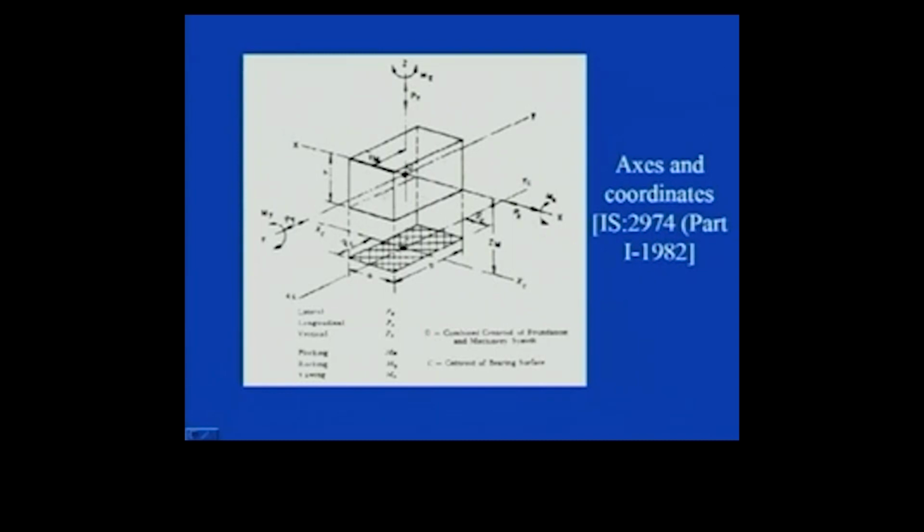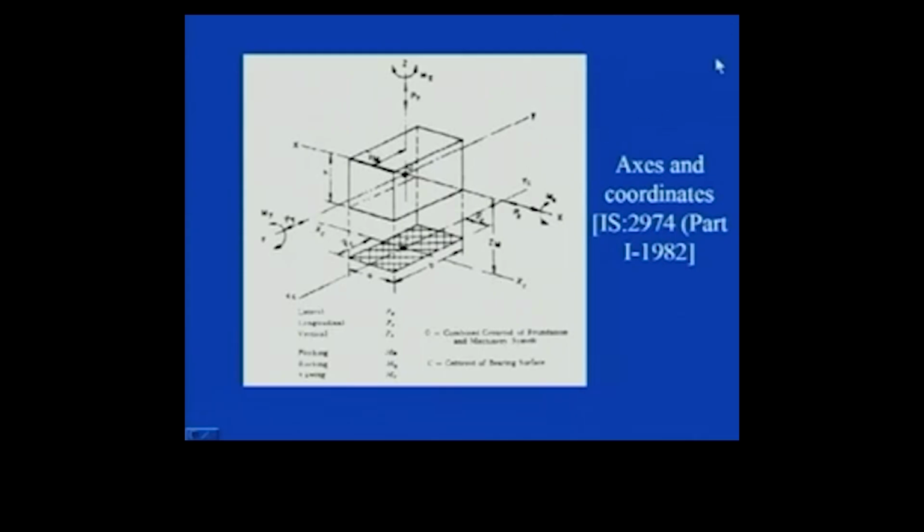You can see the 3-dimensional plot, that is a block, and this direction is your x direction, which is in the horizontal plane. Perpendicular to this is the y direction, and then the vertical direction is the z direction. So we have the translation along these three axes.